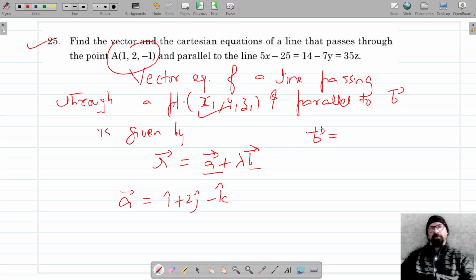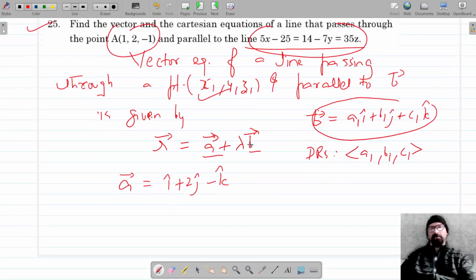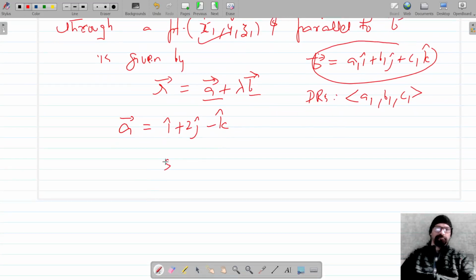And b vector is the vector parallel to the line, and b vector is given by a1 I cap plus b1 j cap plus c1 k cap. We have to find the b vector, and it's given that it's parallel to this line, so we will get a1, b1 and c1 from this, where a1, b1 and c1 are the direction ratios. So let's get the direction ratios from this equation of line.